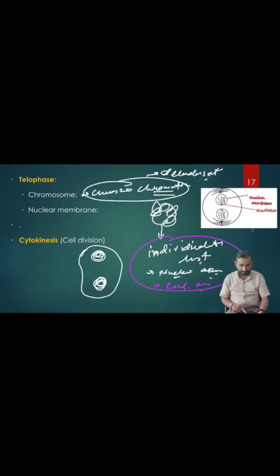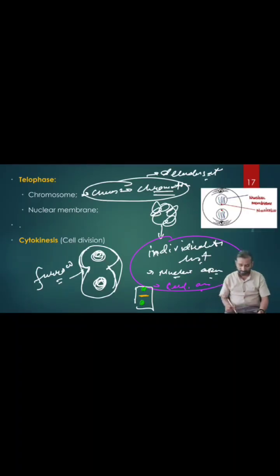So after that, what happens? The cytokinesis undergoes. During the cytokinesis, what happens? The cell membrane begins to divide by the furrow formation. What is this one? Furrow formation, the cleavage formation in animals, and the cell plate formation in plants.